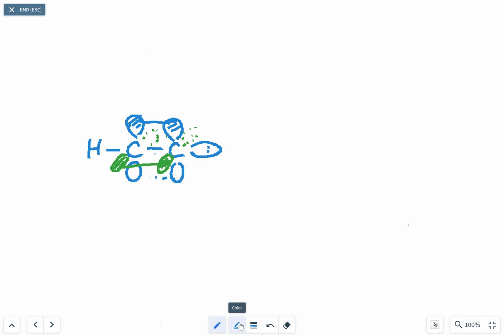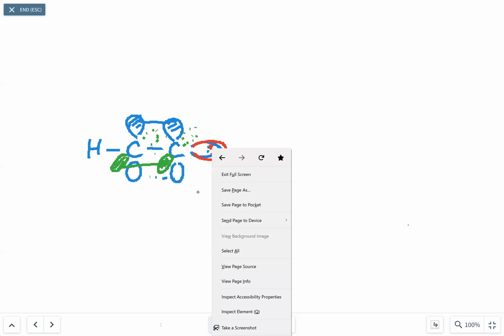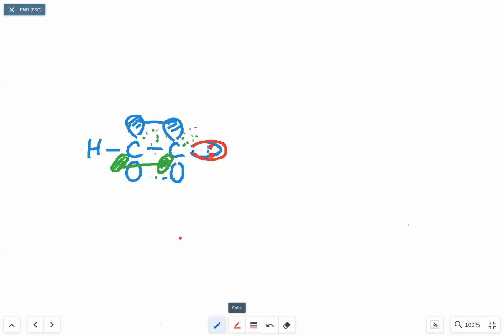These lone pairs that I've drawn are actually in the hybrid orbital of the carbon. So you can't move these to either of these systems because it's in the wrong direction. Remember, they have to be lined up, and this would be 90 degrees. So it's in a completely different environment.